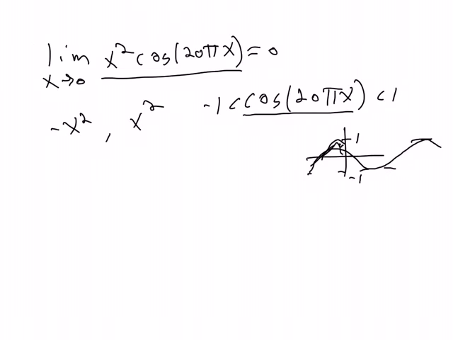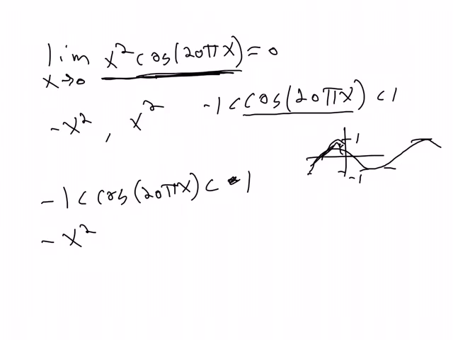So we have negative 1 is less than cosine 20 pi x is less than 1. So now we can multiply everything by x squared. So we have negative x squared is less than x squared cosine 20 pi x, which is less than or equal to x squared.